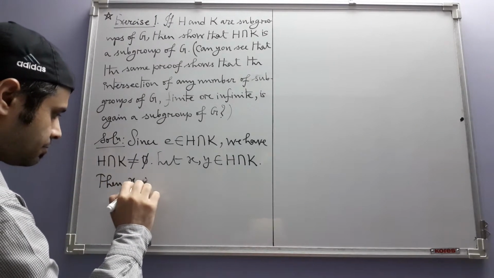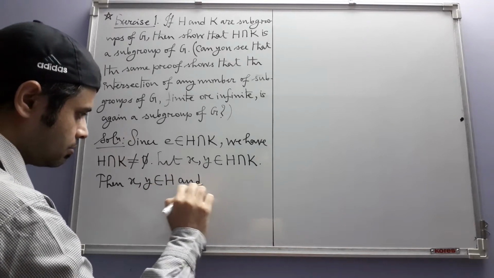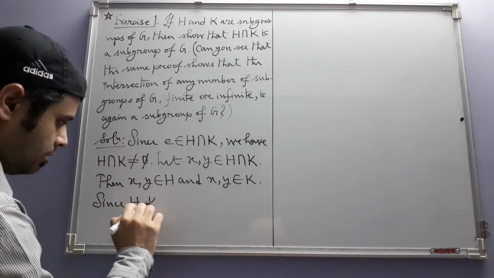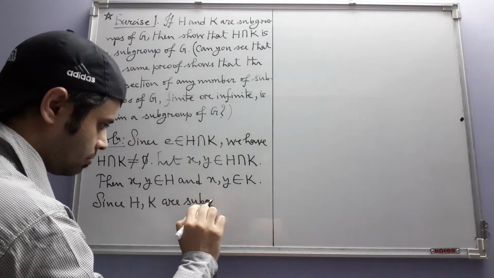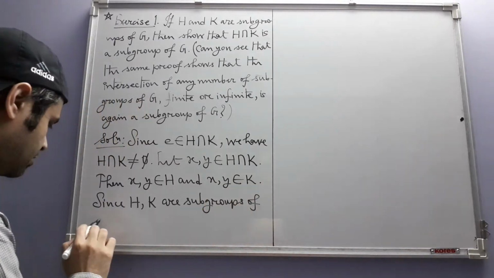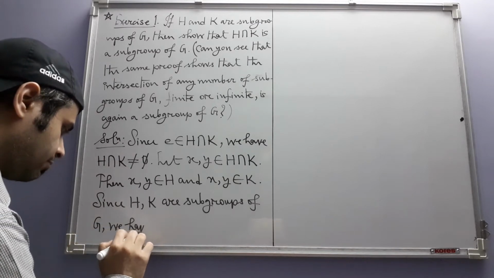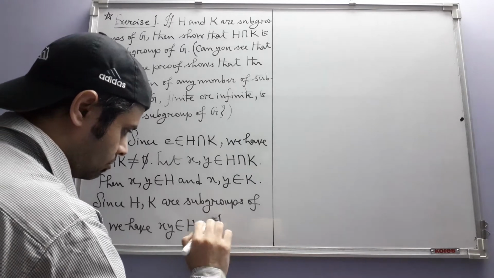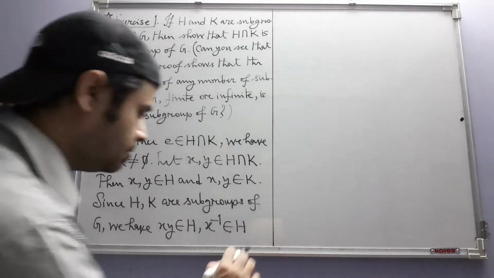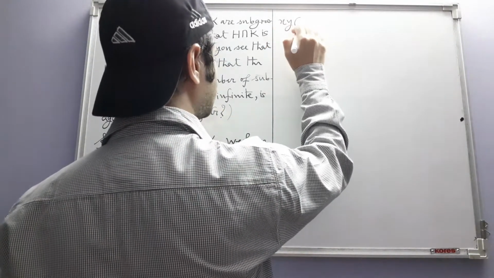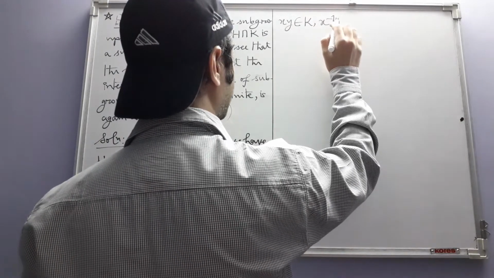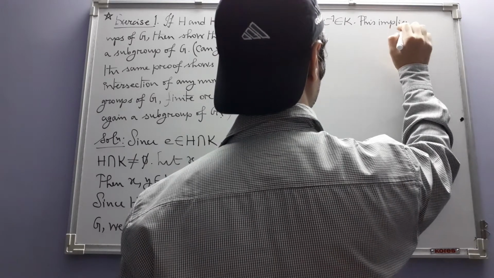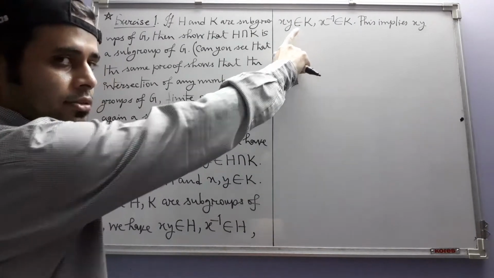Then X and Y belong to H and they also belong to K. Since H, K are subgroups of G, we have XY belongs to H, as does X inverse, because H is a subgroup of G. Like that, K is also a subgroup of G, so XY belongs to K and X inverse belongs to K. This implies XY belongs to both H and K, so it belongs to their intersection.